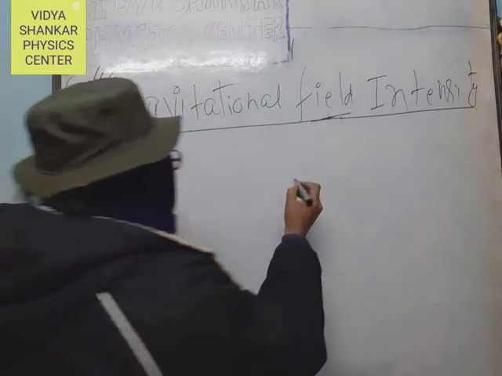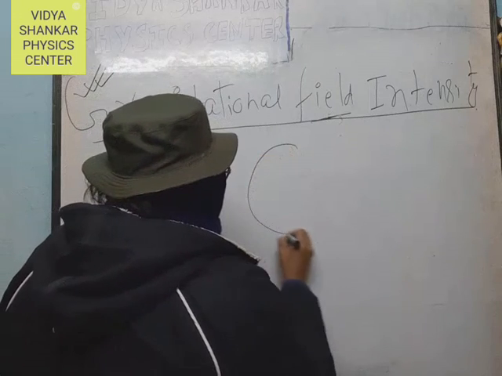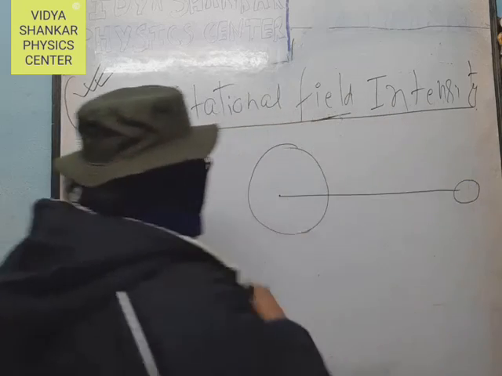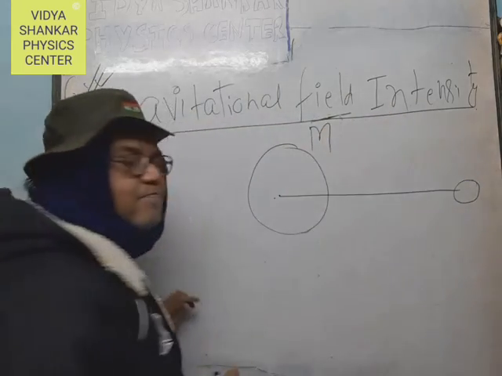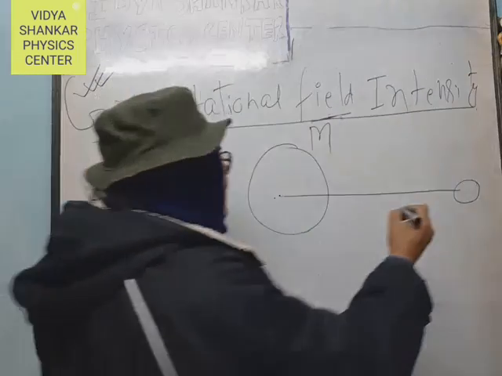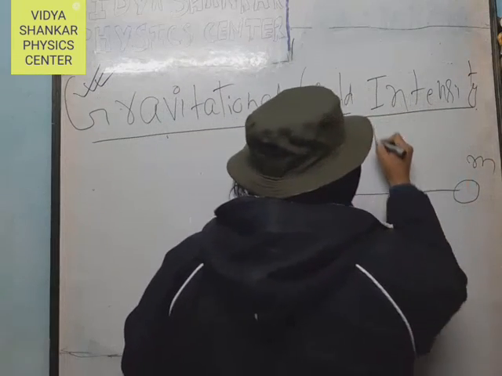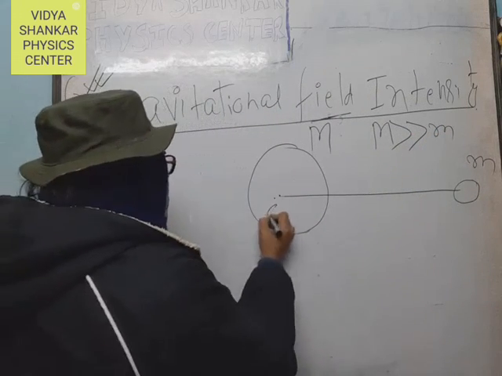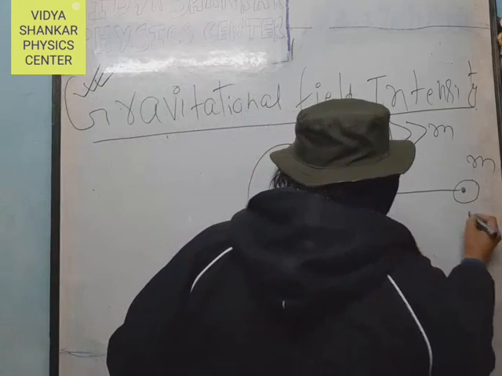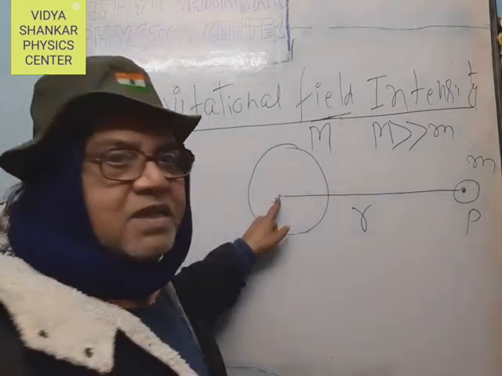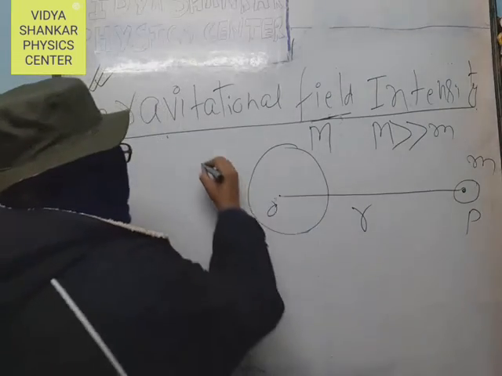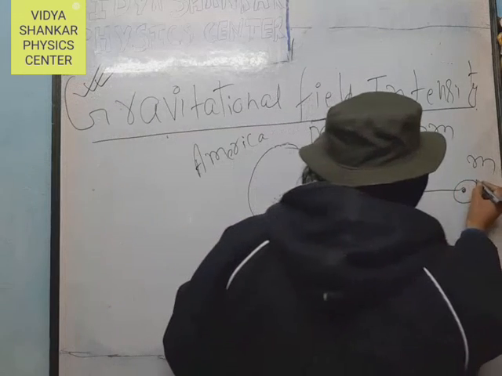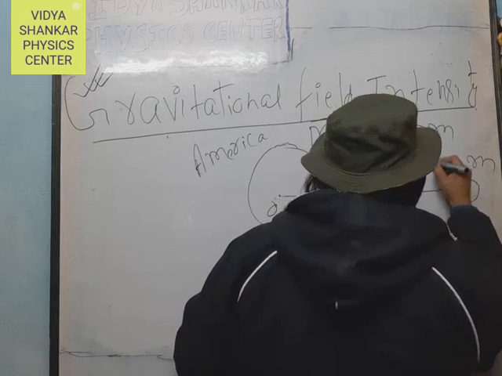Now here is the body. A small body, capital M, a small m; capital M is greater than small m. O, distance r, that is the point P. Now this is America, and the small body is Iraq.